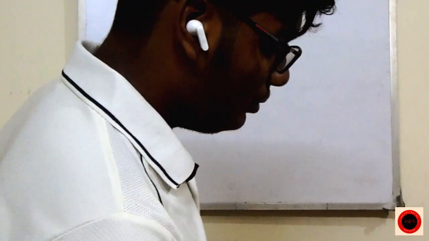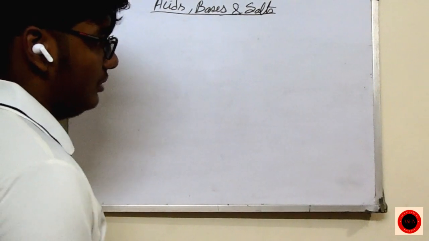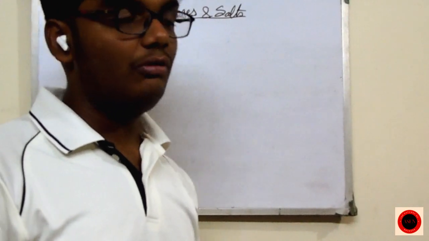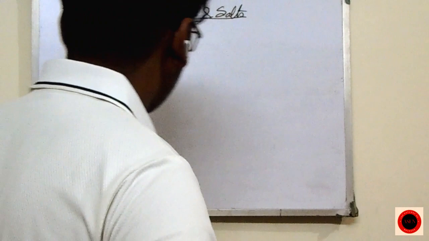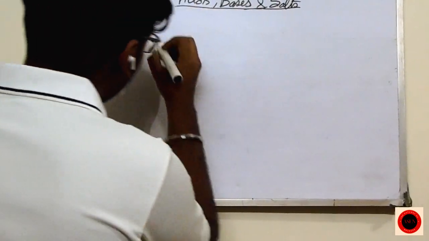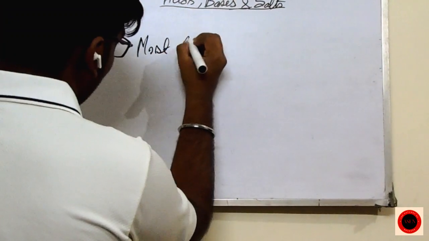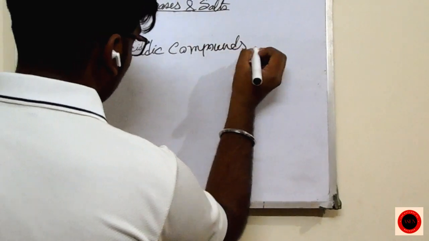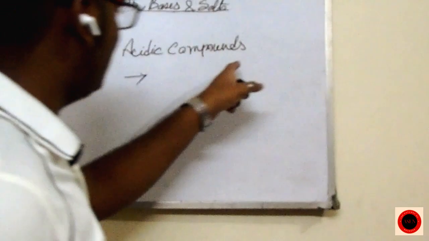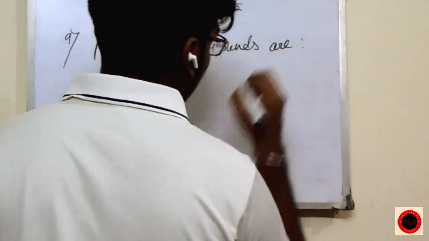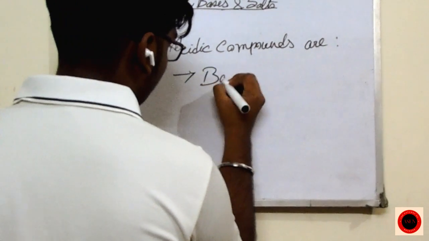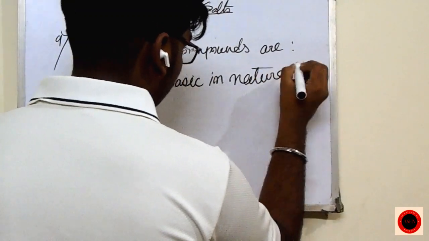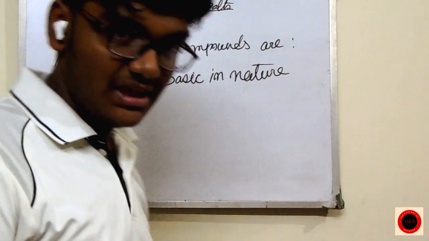Okay, so most metal compounds, what will be their nature? Most acidic compounds are basic in nature.